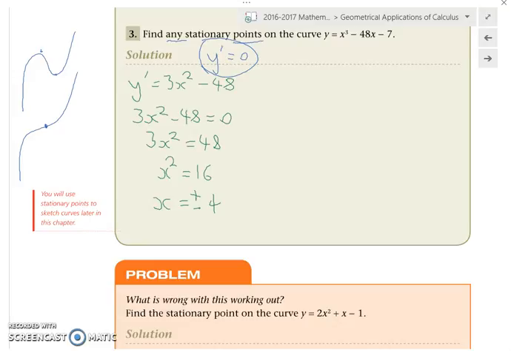Have we finished? Points. What do we need?